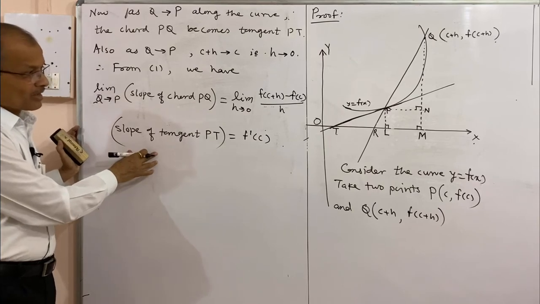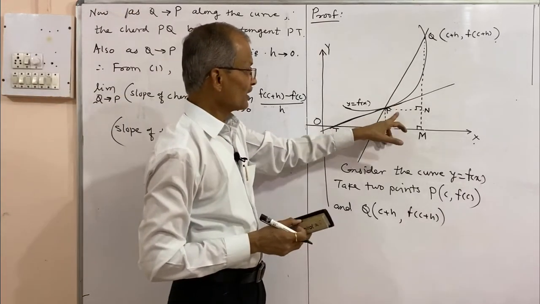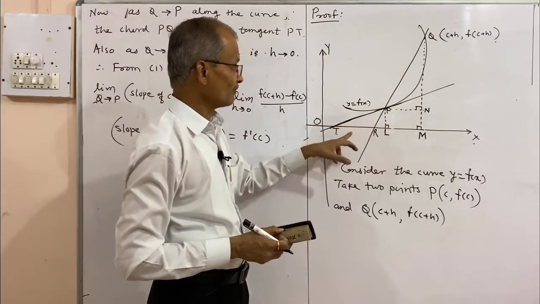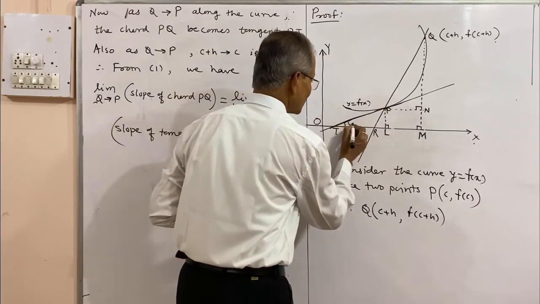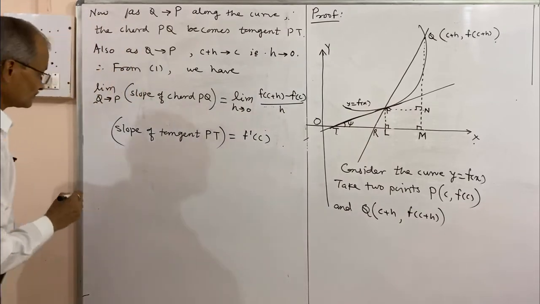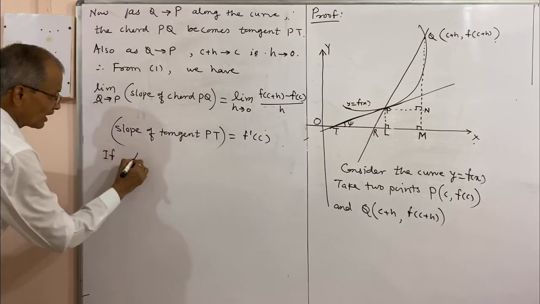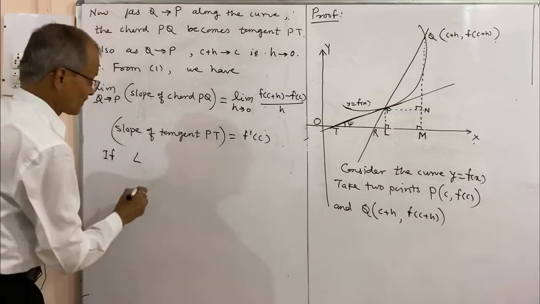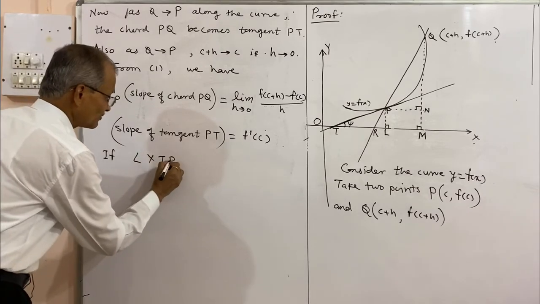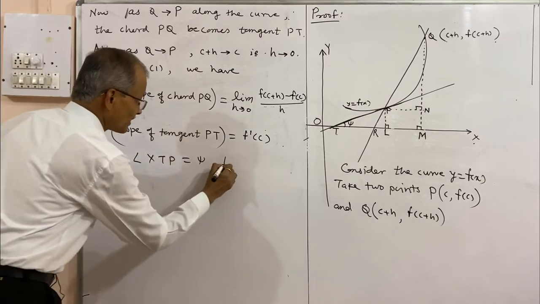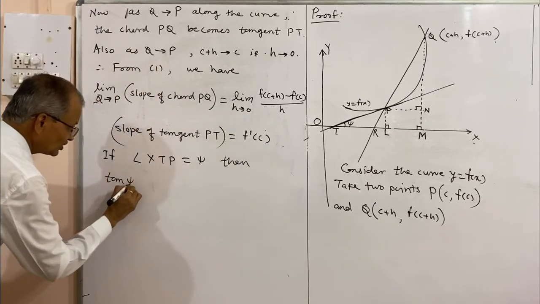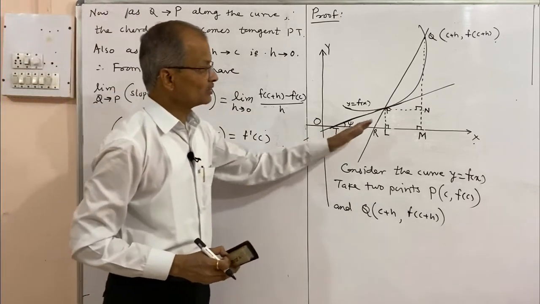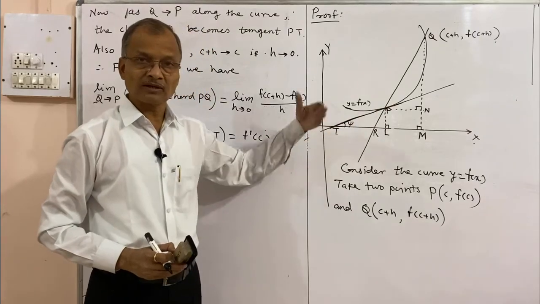And what is the slope of tangent PT? That is tan of the angle XTP. If we denote this angle by psi, that is, angle XTP is equal to psi, then tan psi, the tangent of inclination. This is the inclination of the line, and tangent of inclination is the slope.